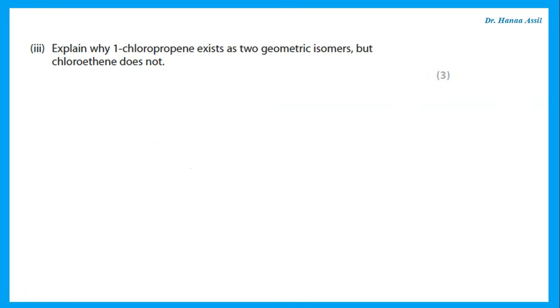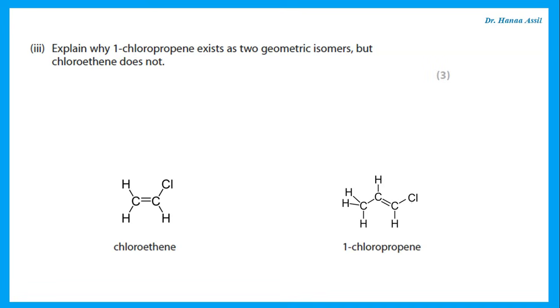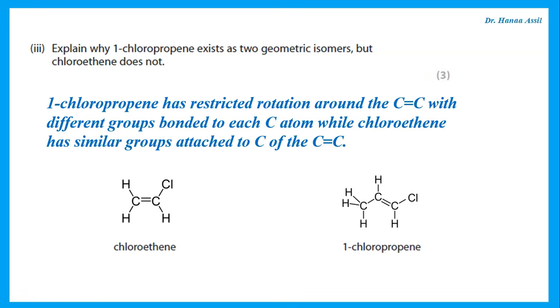Explain why 1-chloropropene exists as 2 geometric isomers, but chloroethene does not. So we're saying that chloroethene cannot form cis and trans, or Z and E. But 1-chloropropene, yes, we can have. That is because in order to have geometric isomers, they must have double bonds between carbons, and each of the carbons attached to the double bond should have different groups.